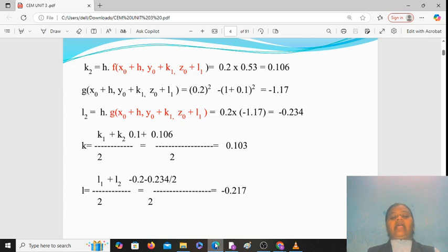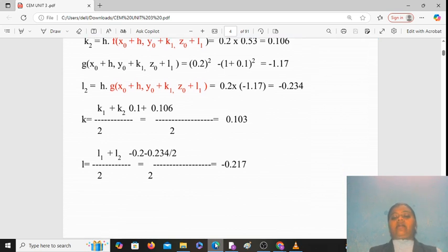Now we calculate L1 plus L2 divided by 2. L1 is minus 0.2 and L2 is minus 0.234. Now put in the formula, minus 0.2 minus 0.234 divided by 2. We got answer minus 0.217.